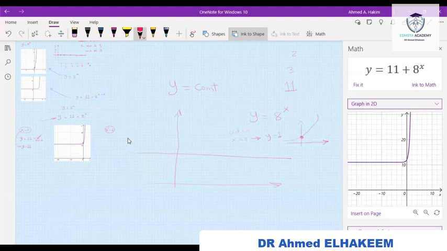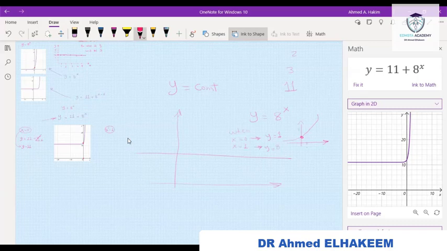So here it is 1, and it is increasing. When x equals 1, y will be 8 power 1, which is 8. So it was 1 here, and when x equals 1, it will be here at 8.